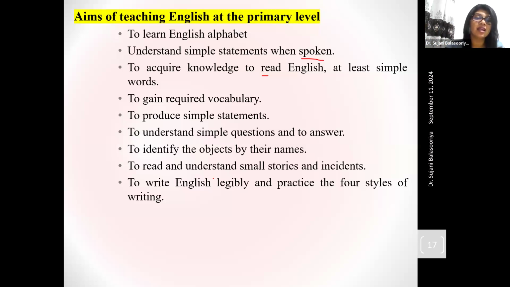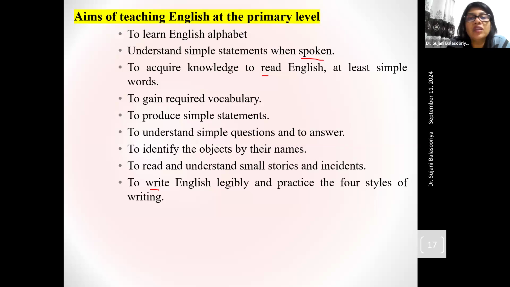The last one is related to the writing part: write English legibly and practice the different styles of writing. Legible writing and handwriting are focused there. So these are some simple aims of teaching English at the primary level.